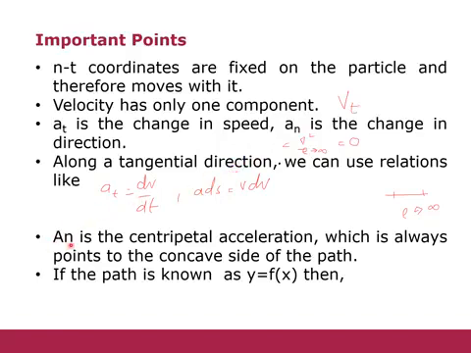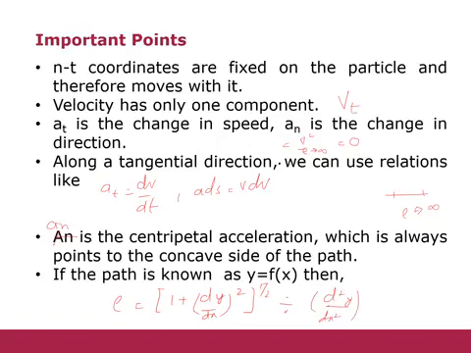Finally, a_n, which is small a_n, is the centripetal acceleration, which always points toward the concave side of the path, right? And if the path function is known, then the radius of curvature can be calculated, as I have said: (1 plus (dy by dx) square) to the power three-halves, and this whole can be divided by d square y by dx square, right?